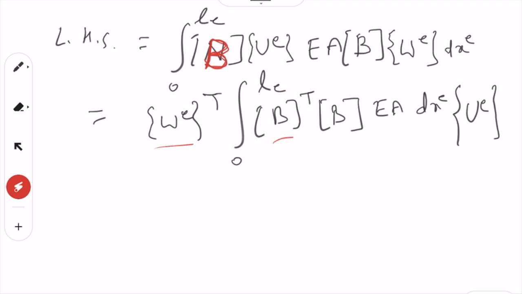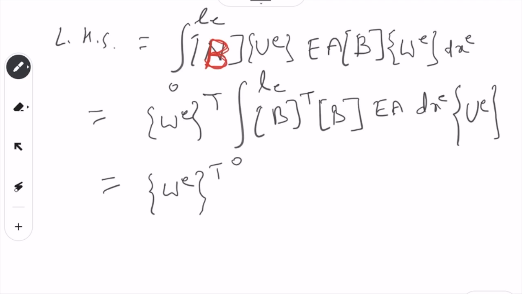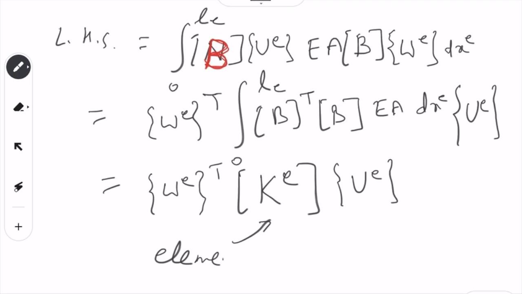And the rest we take b from here, and then EA here, and then ue goes outside, which is equal to we transpose, and this will be ke, the element stiffness matrix, and then you have ue. So this is called the element stiffness matrix.